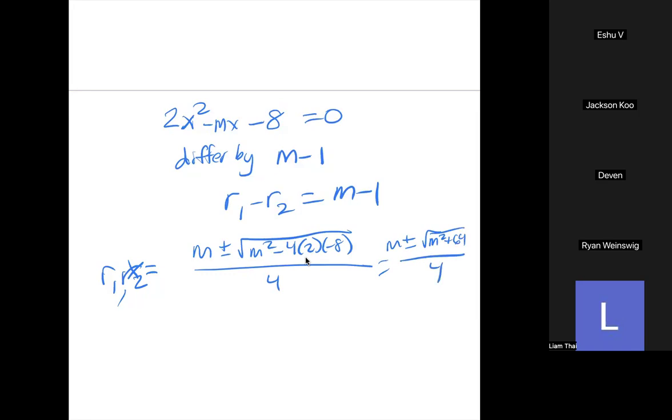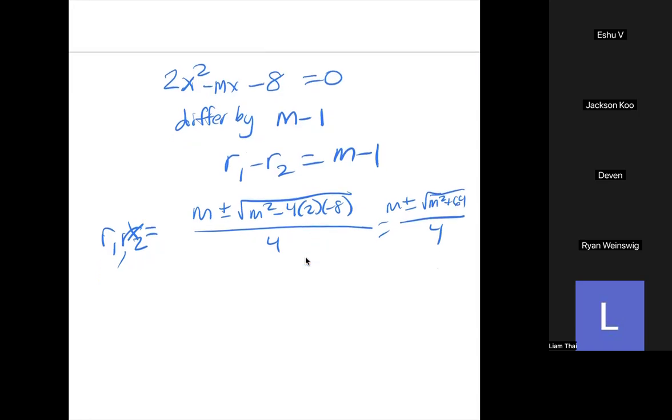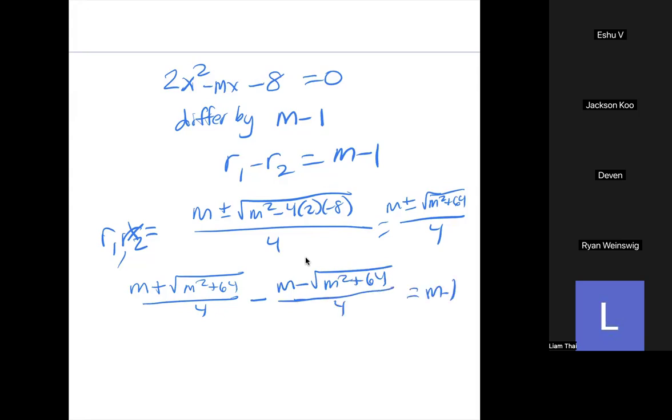Is that okay? Yes. So now let's set it up. The two roots are m plus the square root of m squared plus 64 over 4, minus m minus the square root of m squared plus 64 over 4 equals m minus 1.